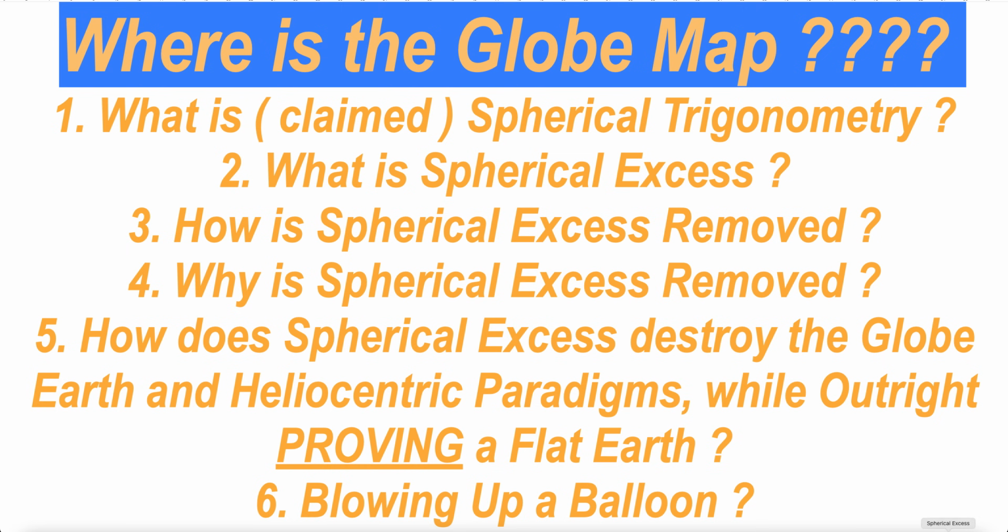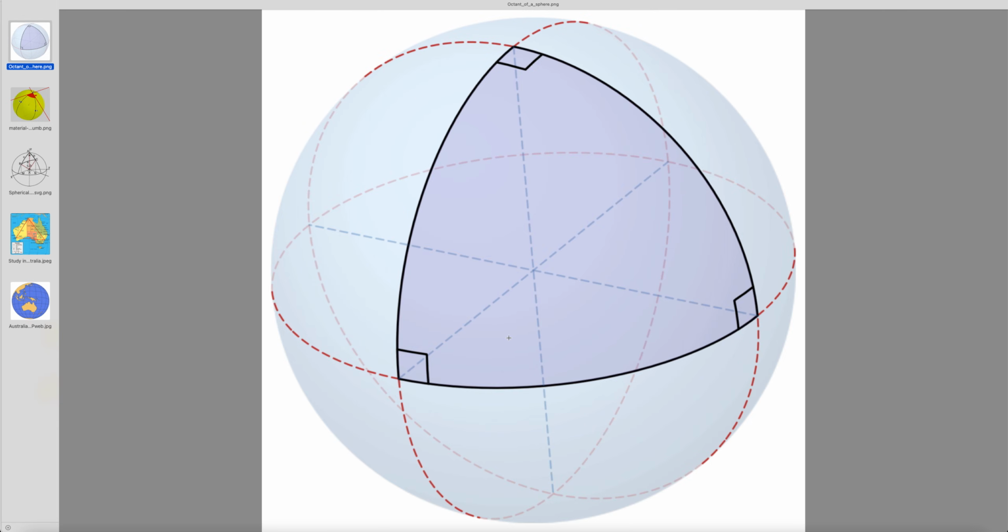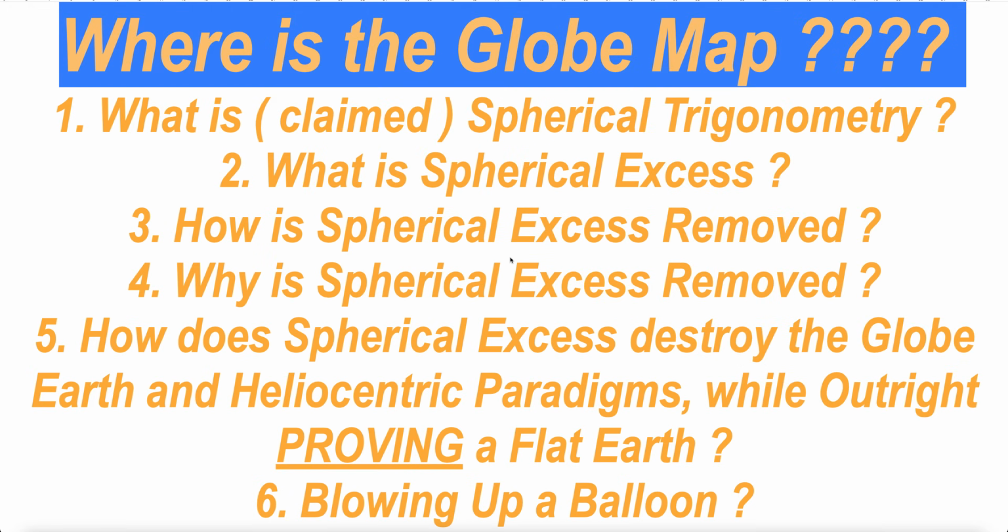Now, if you're talking purely mathematically, you can remove the spherical excess from your claimed spherical triangle and end up with just an actual triangle. Purely mathematically. But when it comes to the globe, Earth, and all the claims concerning that, why is spherical excess removed?